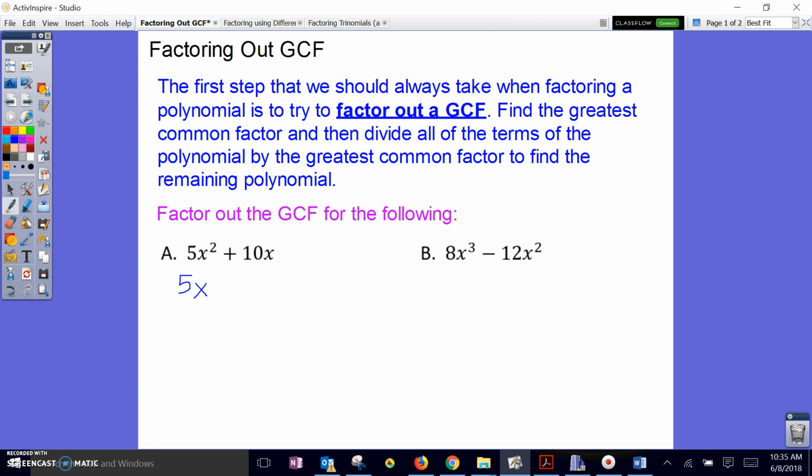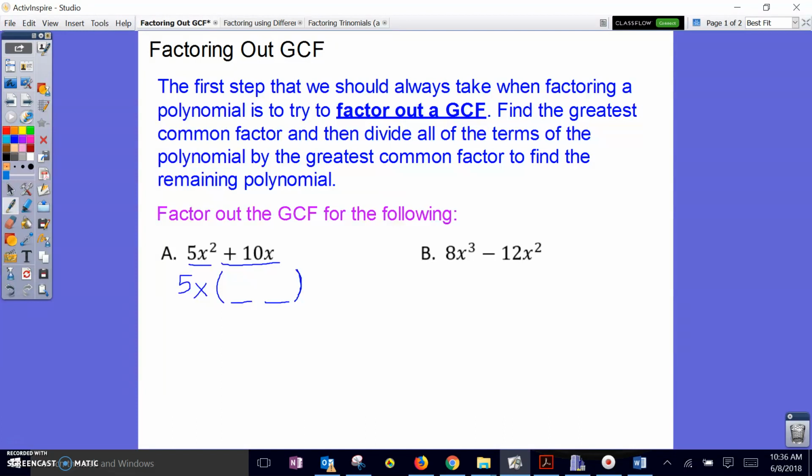And since this is a binomial, two terms, we're going to have an expression in parentheses here with two terms. And we need to fill in two spots in this polynomial. We need to figure out what we multiply by 5x to get 5x squared, and we need to figure out what we multiply by 5x to get a plus 10x.